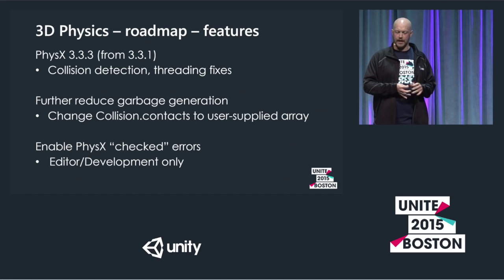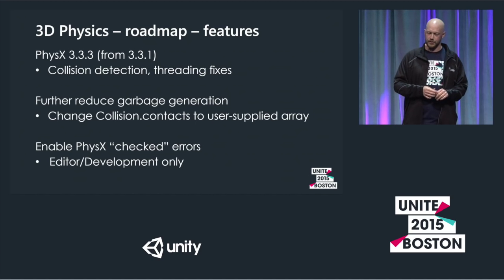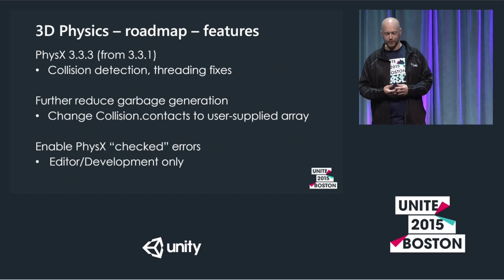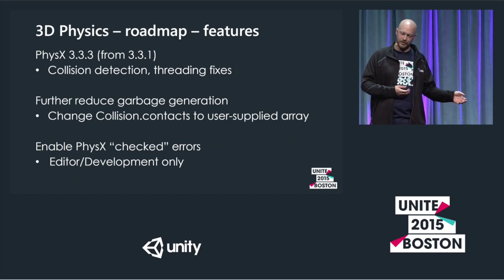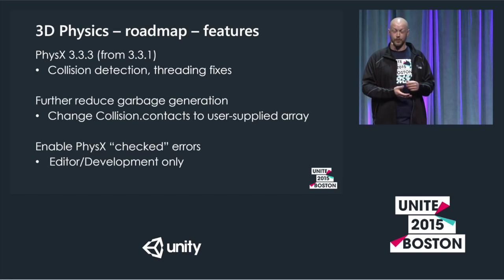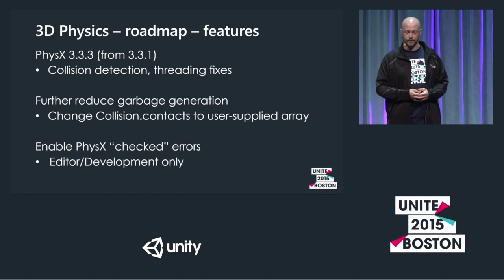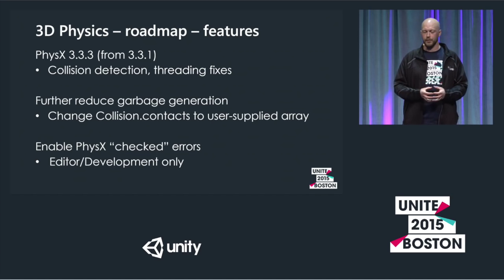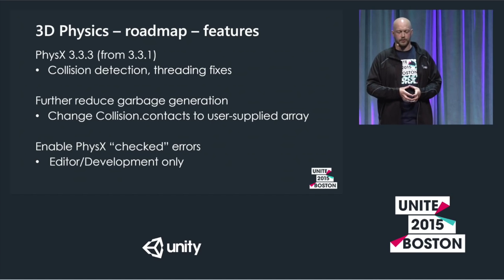And so lastly, we wanted to improve error messages, because the way physics is integrated, sometimes we throw away a whole bunch of error messages. And I mean, no one really likes looking at error messages, but if you have a problem, they can be really good to take a look at. We want to enable an editor-only or development player-only build of physics that outputs a lot of the internal errors in physics.